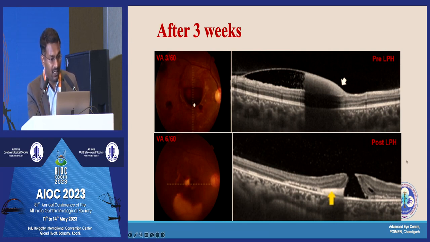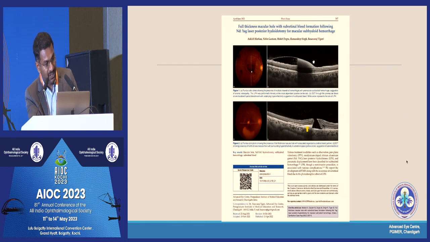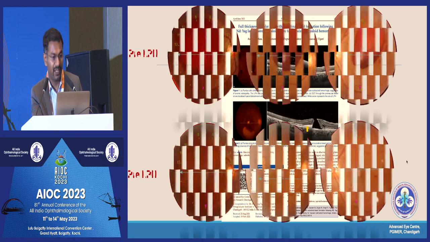This is a known complication whenever we use higher energy or exactly hit the fovea with the laser. These complications are notorious to happen. We published this case in IJO, and after learning from this mistake, we have performed about 9 cases.